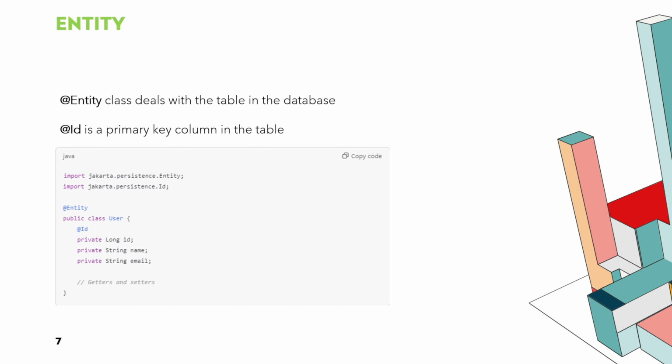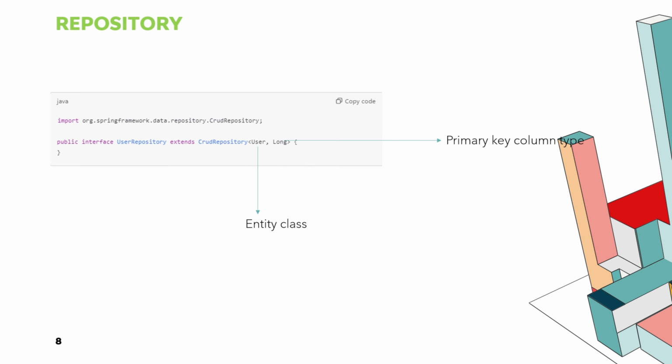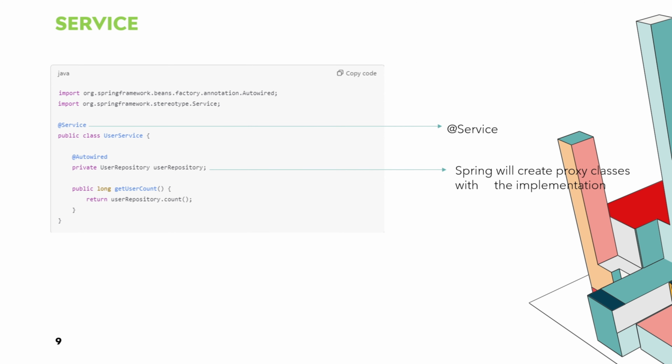The Id annotation on the long id variable marks the primary key column in the database. So this is how we can define an entity class. And we have to create our own repository interface that extends CrudRepository, and we need to provide the entity class as well as the primary key type, so that we can use the count method from CrudRepository.